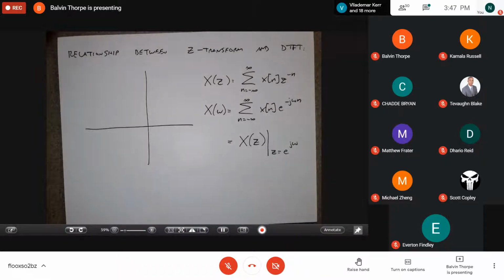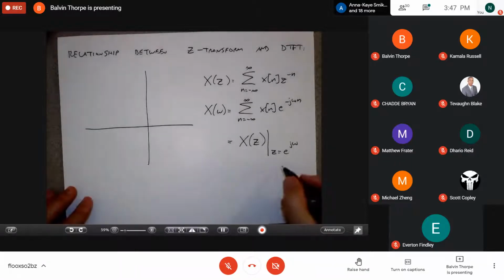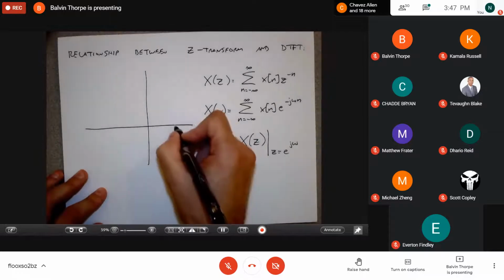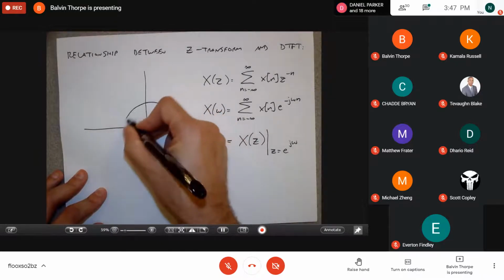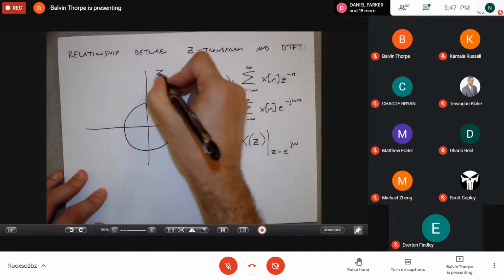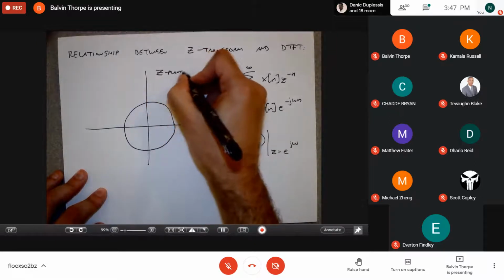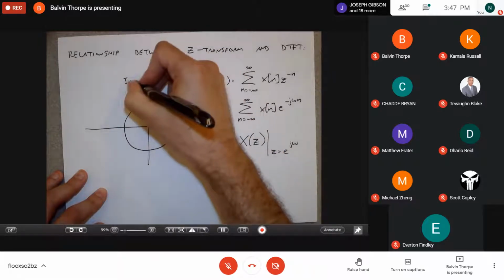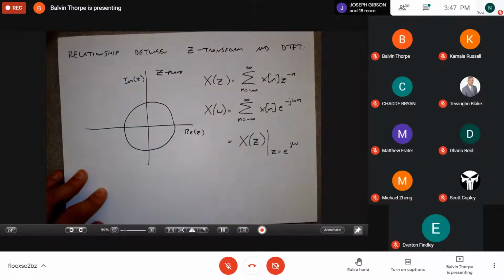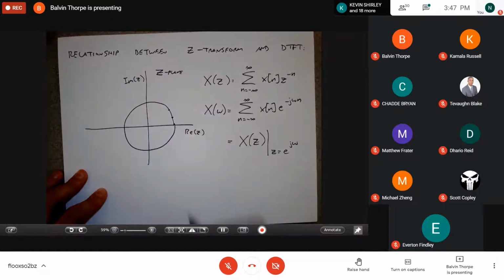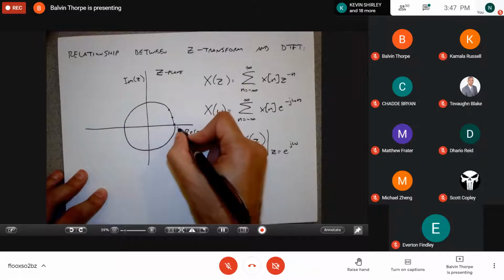That's like saying that if the Fourier transform, the DTFT, exists, it is at the places where the complex number z is e to the j omega for some omega. So in my z-plane, if this is the real part of z and this is the imaginary part of z, the Fourier transform is exactly those places where that complex number happens to be on this unit circle.